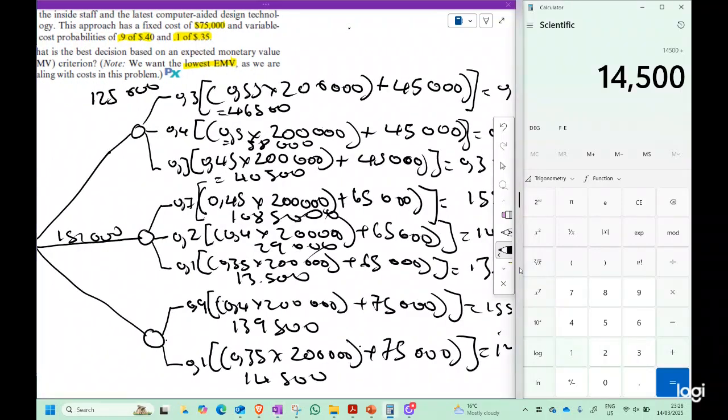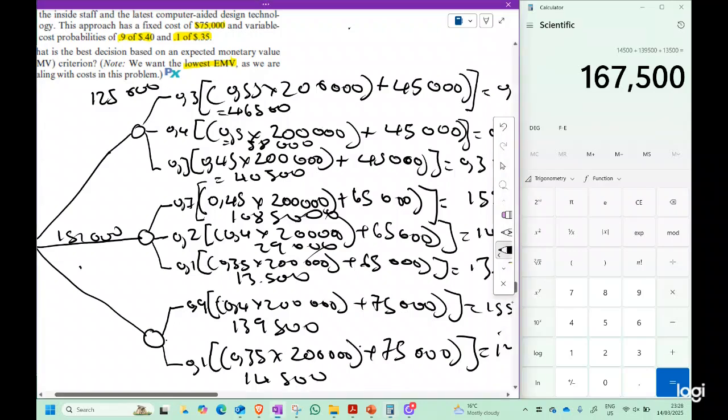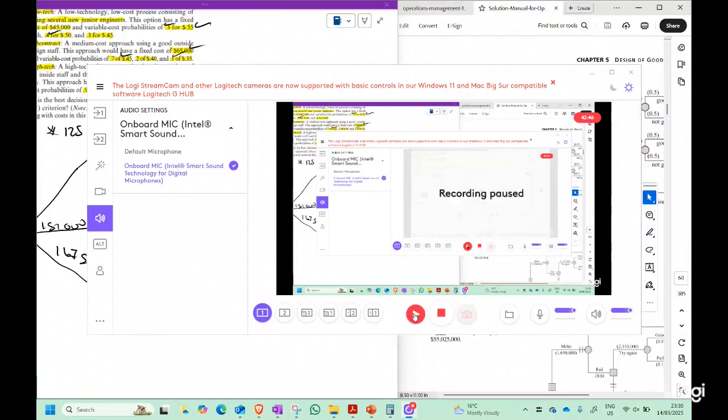And plus 139,500 plus 13,500 plus 167,500. And obviously this one is correct, but I will need to verify it very quickly to make sure that everything is in order.